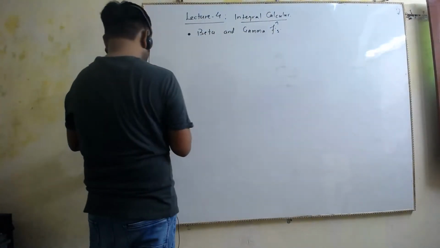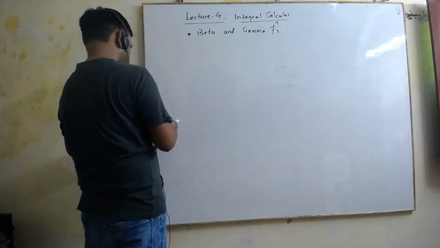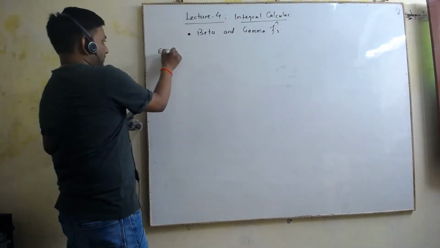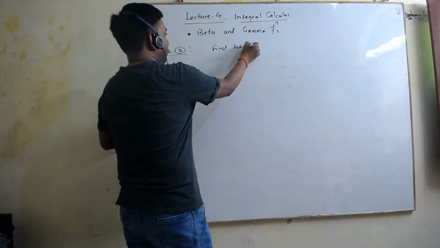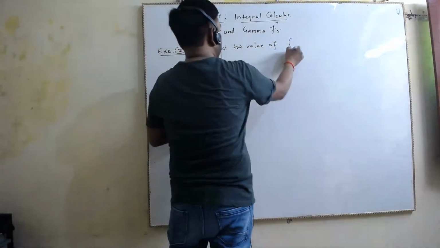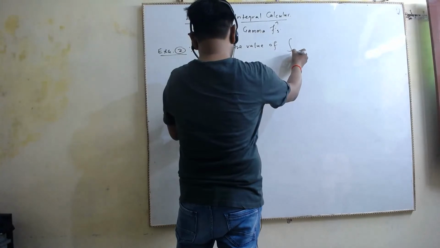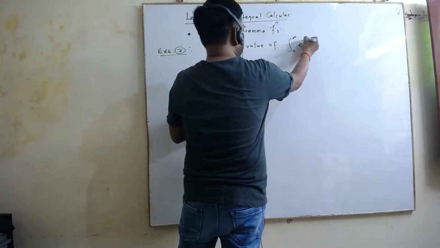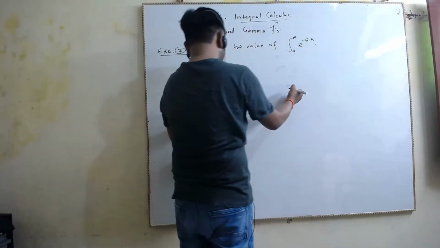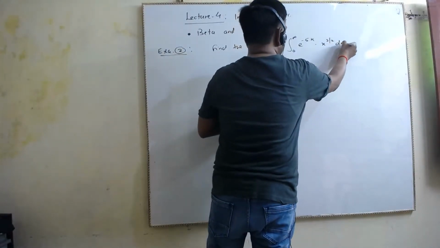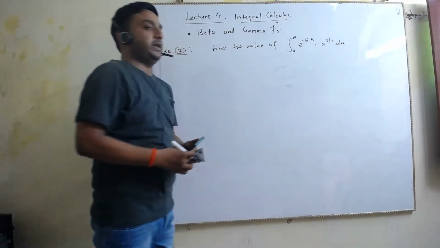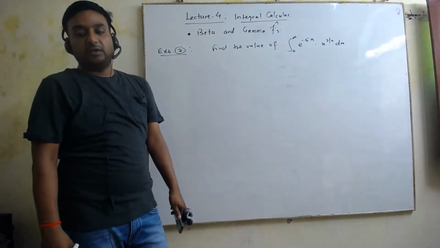So let's have one more question now. Find the value of the integral from 0 to infinity of e raised to the power minus 5x into x raised to the power 3 by 2 minus 1 dx.